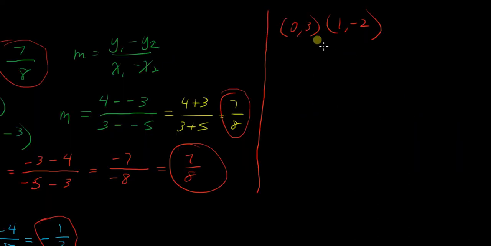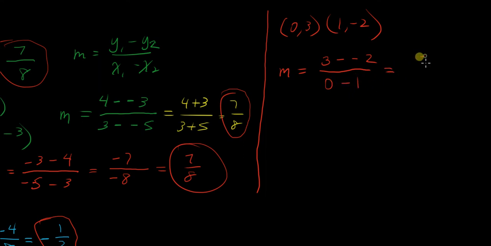One more. So here we don't have a graph at all. We're just given these 2 points and we're told to find the slope. So we need to decide which way do we want to subtract, a left point minus right or right minus left. So it doesn't really matter. I think I'm going to do left minus right. So left y minus right y, left x minus right x.